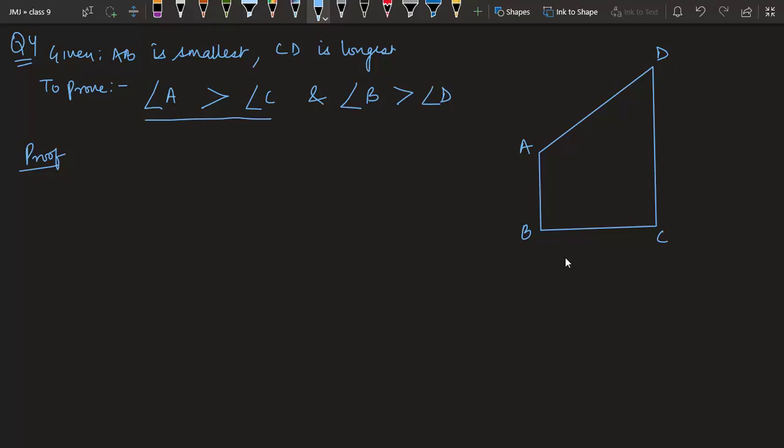The inequalities we are studying are inequalities of triangles, not of a quadrilateral. The theorems that we have done till now are applicable for triangles, not for quadrilaterals. So first we have to make a triangle or two triangles out of this single quadrilateral. For this, let us do the first construction, joining A and C.